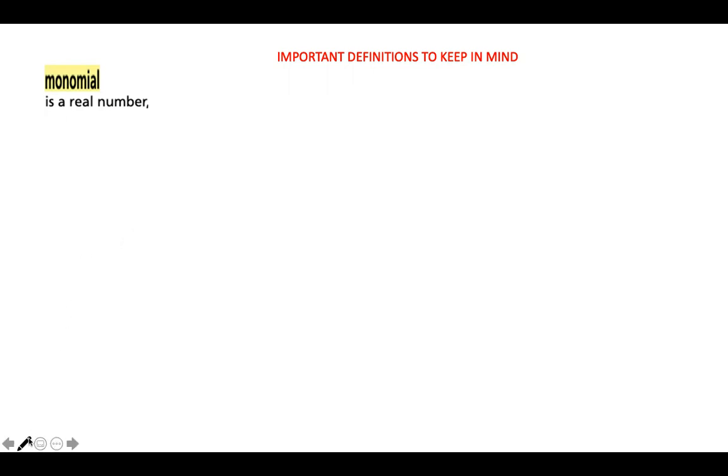It is actually any kind of real number. Could be negative, could be positive, it could be decimal, it could be any rational number, it could be an irrational number. Even 0 is considered a monomial.